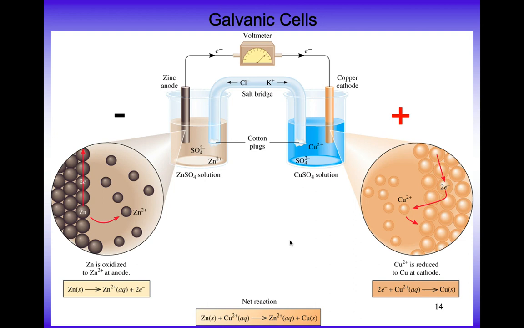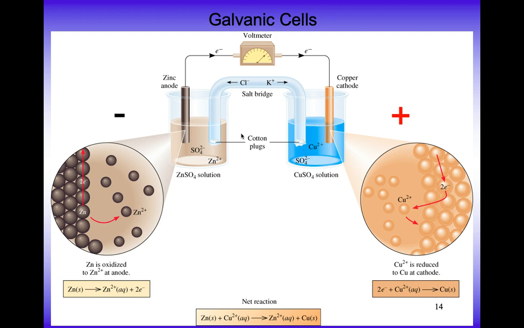Those two are connected by an external wire attached to a voltmeter. There also is a salt bridge. This can be a U-tube filled with a soluble salt that minimizes mixing of the two solutions. It can also be, as in the last slide, a porous disc that allows the ions to flow from one side to another.